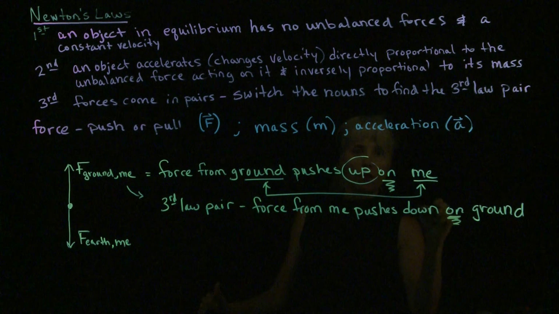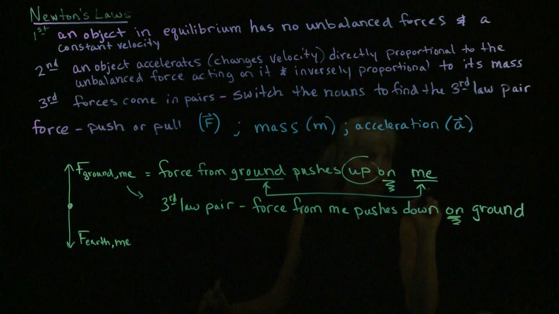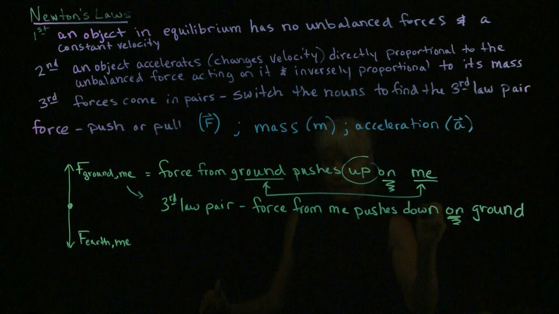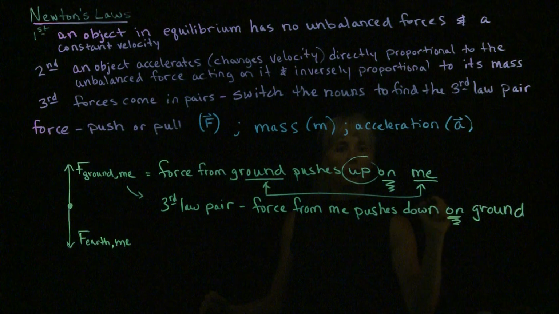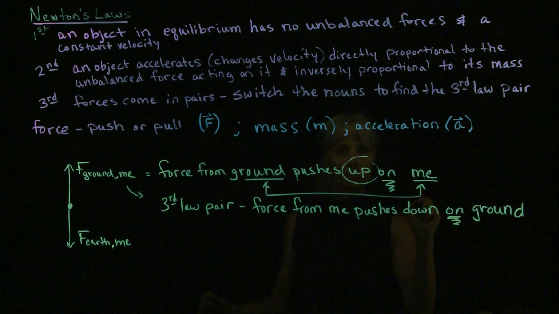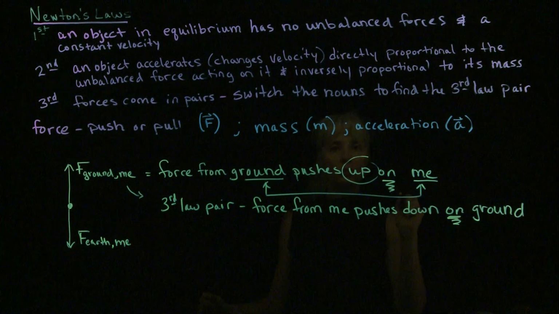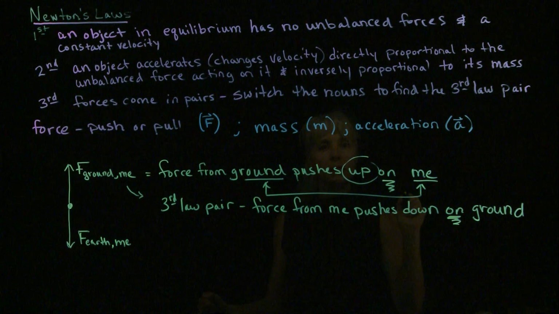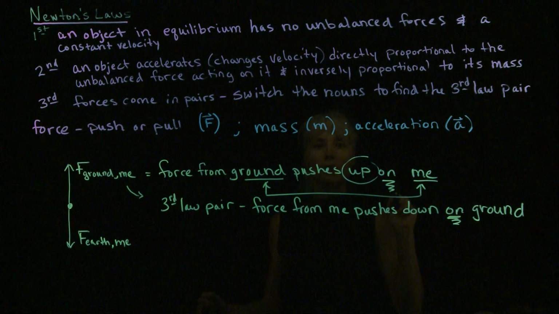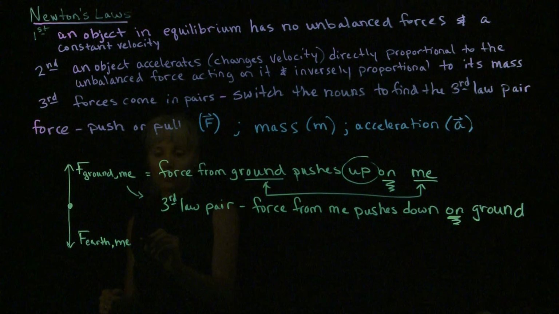It's being exerted on the ground. So that's going to belong on the ground's free body diagram, not on my free body diagram. Notice that a third law pair can never appear on the same free body diagram, ever. If you have two forces on the same free body diagram, you know for sure they cannot be a Newton's third law pair.